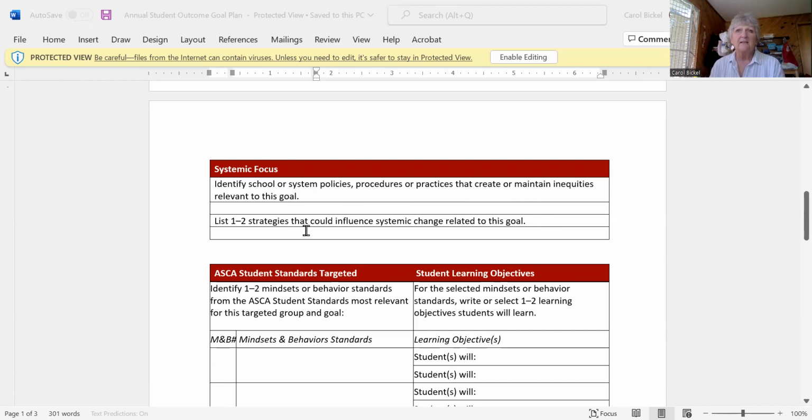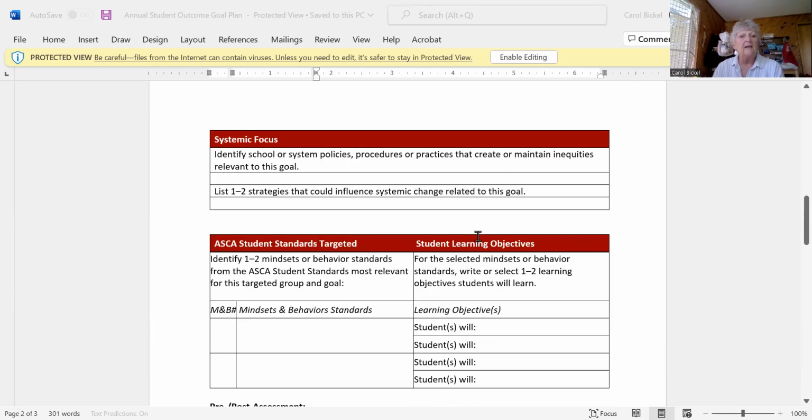A strategy for the failing ninth graders might be study skills, or asking teachers to do after school study sessions, or a school policy might be that math teachers have to have, I don't know, a master's degree. So I don't know. I'm grasping at straws here. So that is really up to you and your opinions on how things could be changed in an idealistic situation.